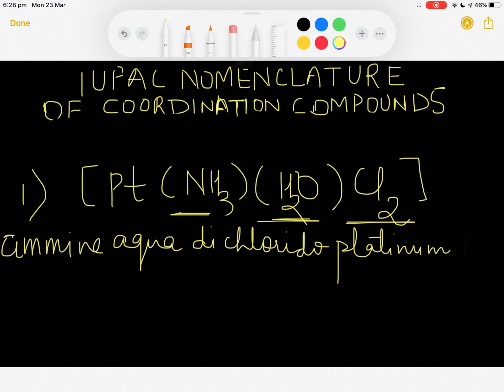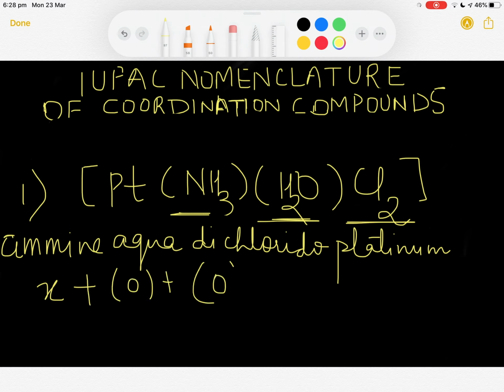Now we also need to figure out its oxidation state. So how should we do that? If you remember, I told you if the coordination complex doesn't carry any charge, it means there is zero charge. But the convention is we should not put any charge. So platinum is X, amine is neutral, so zero charge.